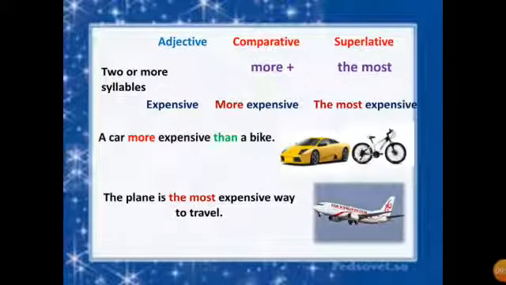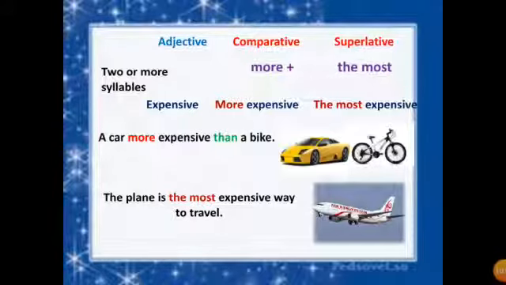And more syllables, two or more syllables. Now pay attention. Expensive. In comparative form, we use more, and in superlative form, we use the most. Expensive, more expensive, the most expensive.